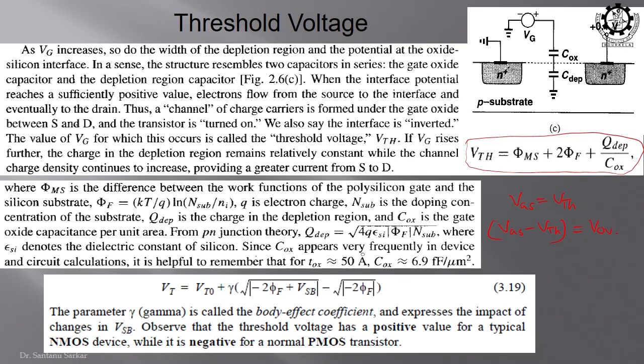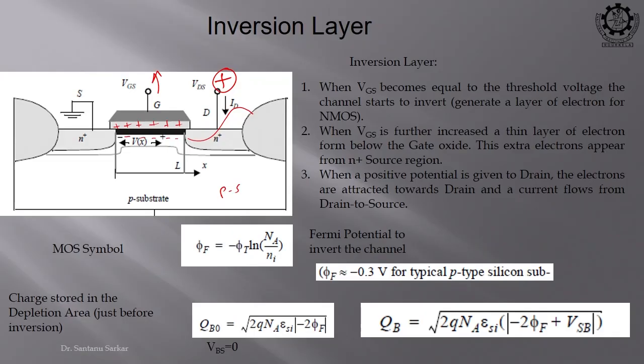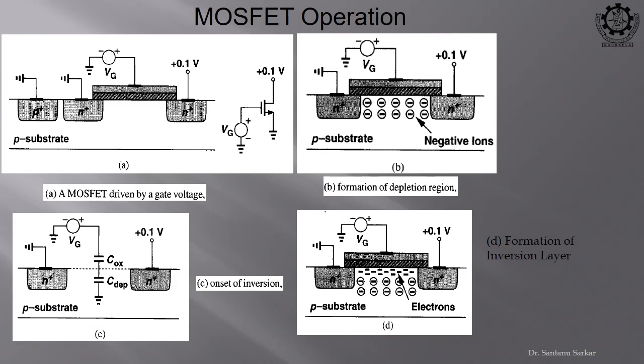So, this is the definition of the threshold voltage, and if we see the pictorial view of how the steps happen: first we have the space charge region, and at that time it is behaving like a capacitor. Now, even if we keep on increasing our gate voltage, the number of positive charges at the gate terminal increases.